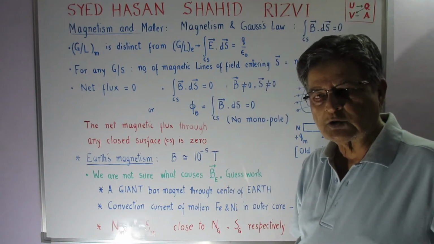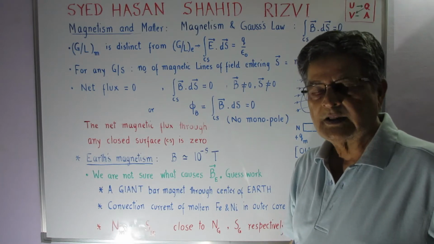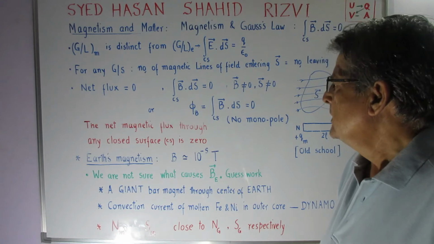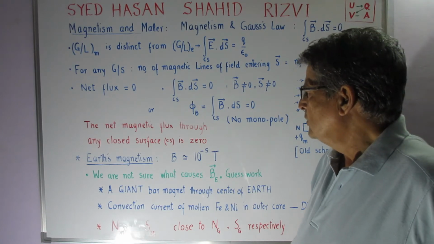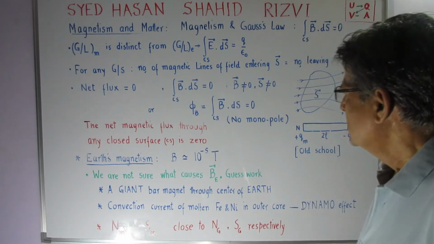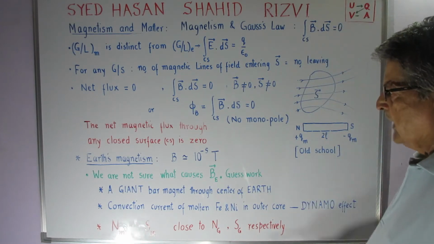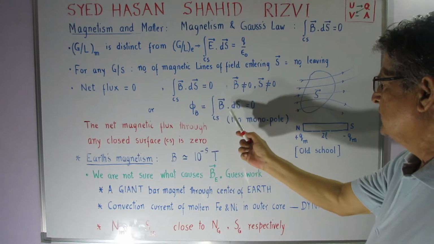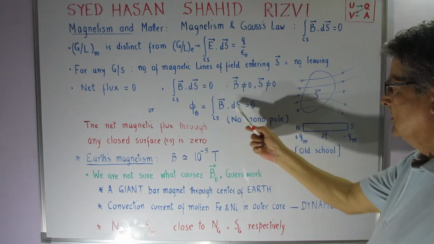So B square upon 2 mu naught will be the magnetic energy per unit volume wherever there is a magnetic field present.